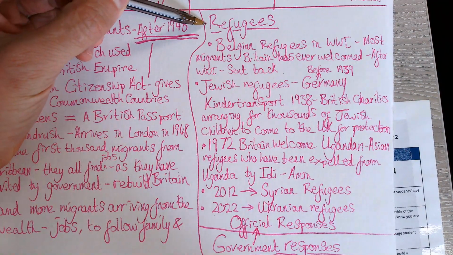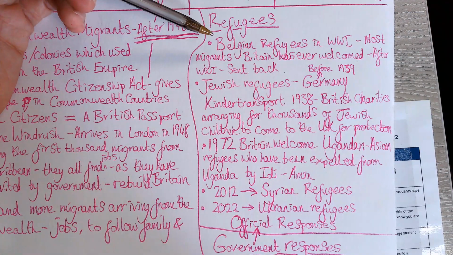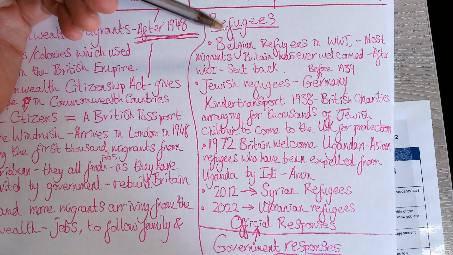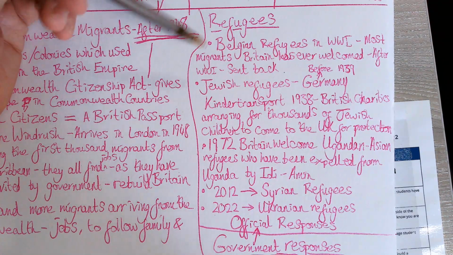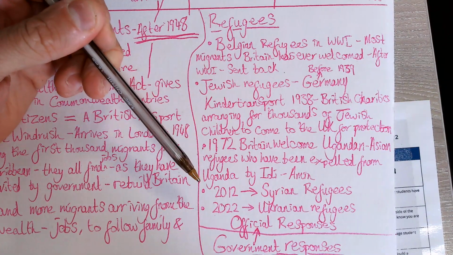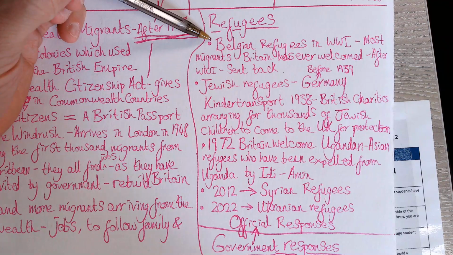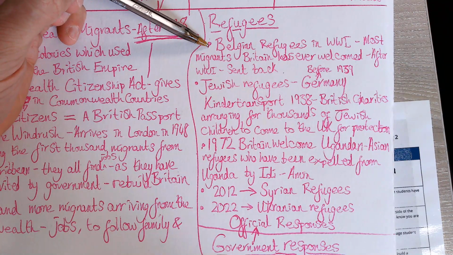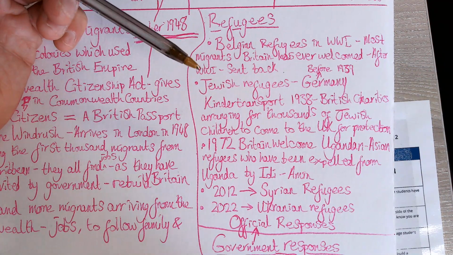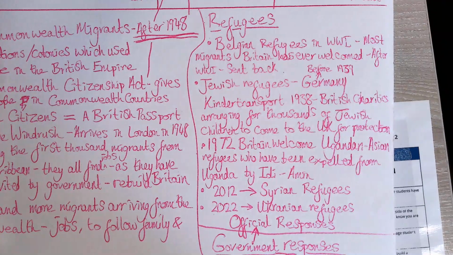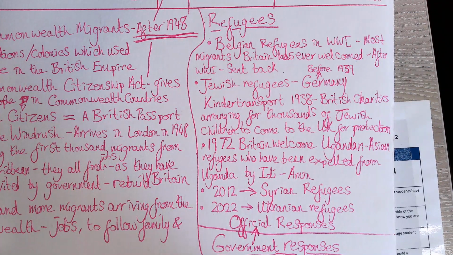So the second group, which I would break things down to for the migration unit, is refugees. And we see several refugee groups coming to Britain in the modern period. Belgian refugees come during World War One. Now, in actual fact, this was the most migrants that Britain has ever welcomed then or since, the most refugee migrants in one lot.